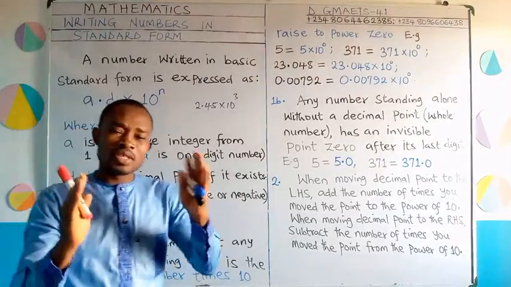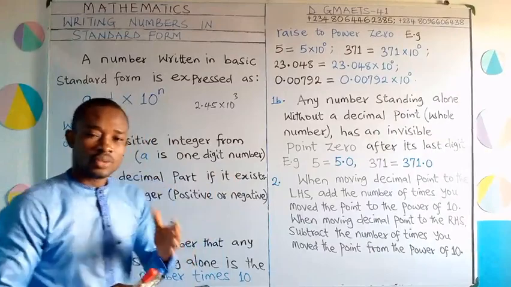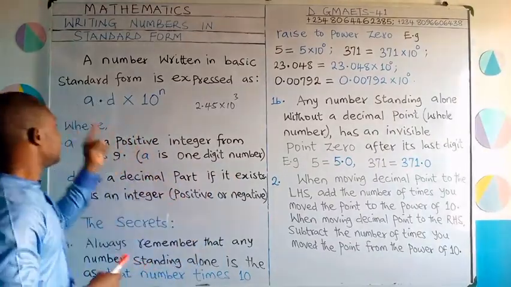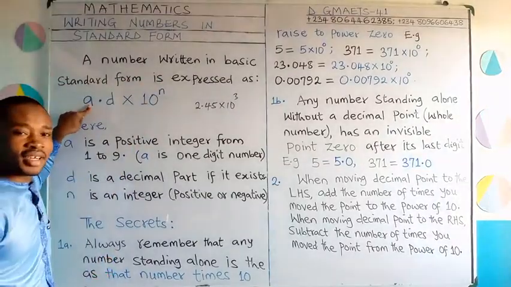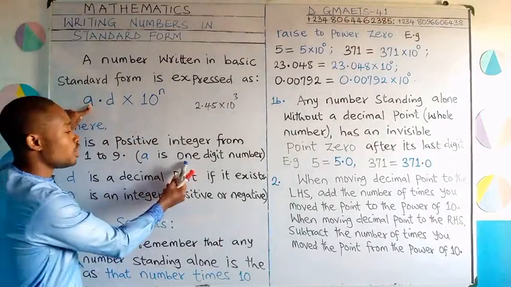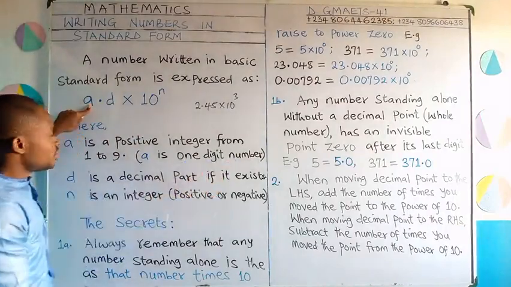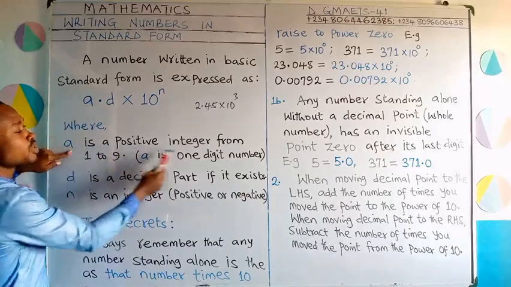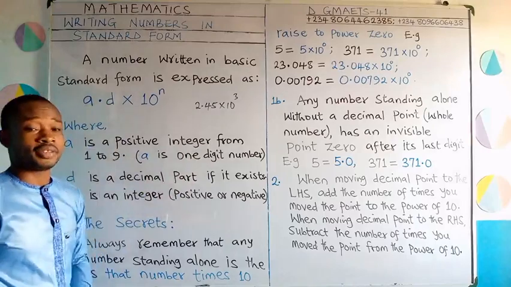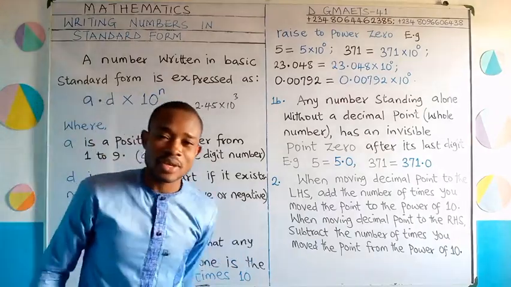That is a number between 0 and 10. What am I saying here? For a number written in basic standard form, this A can only be a one-digit number. That is why I defined it here that A is a positive integer from 1 to 9. So A cannot be 0.